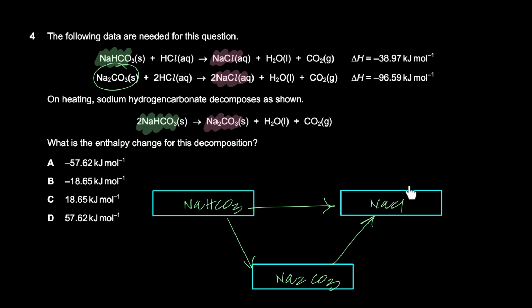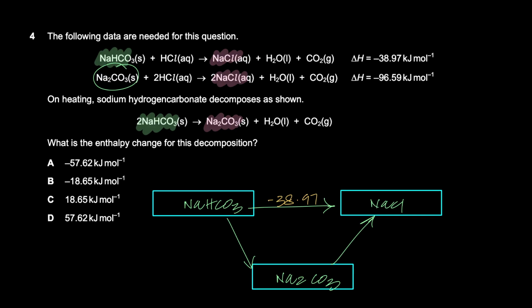The first equation that I have, NaHCO3 going into NaCl, the enthalpy change for this is minus 38.97. Now, I need to go from NaHCO3 to Na2CO3.